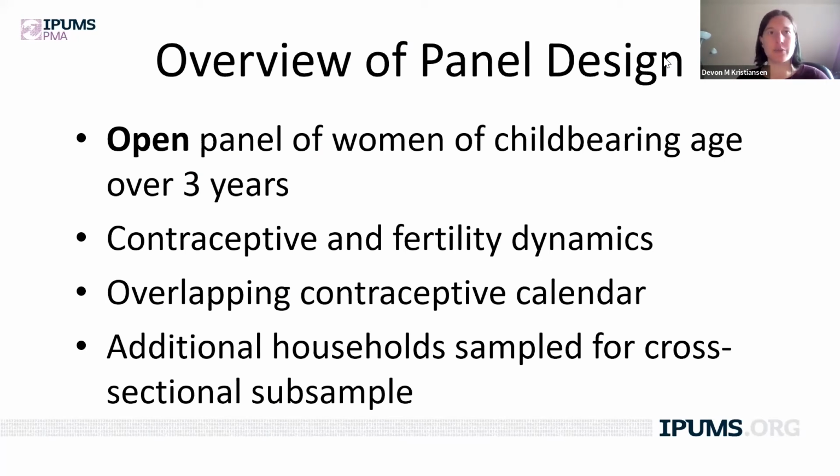In addition to the 3 surveys, PMA also collects several years of overlapping contraceptive calendar data, much like the DHS contraceptive calendar. And in later phases, additional households were sampled to make sure that there would be a cross-sectional subsample in case of areas of high attrition.